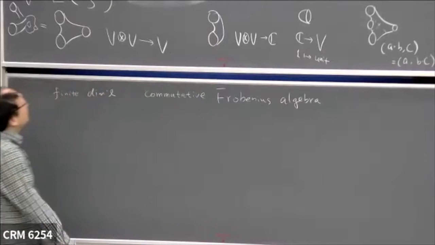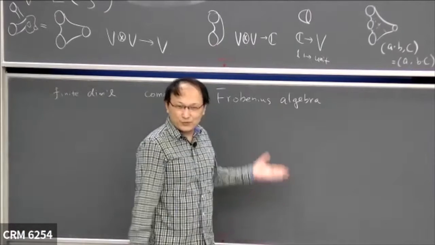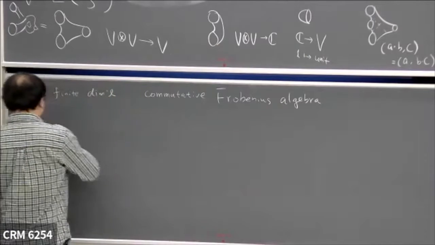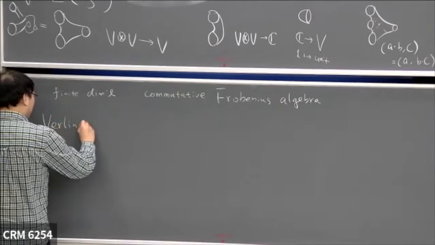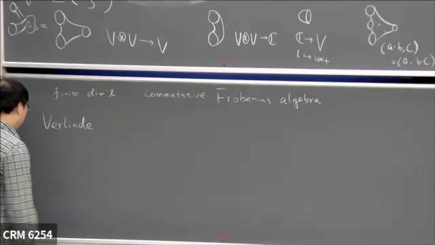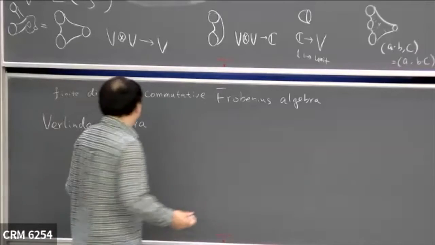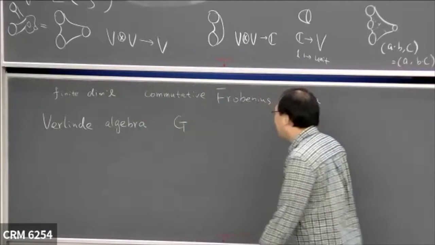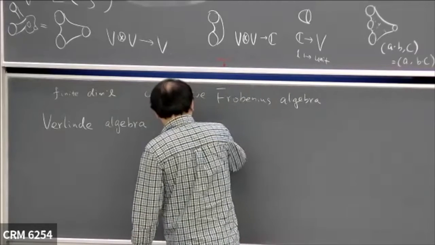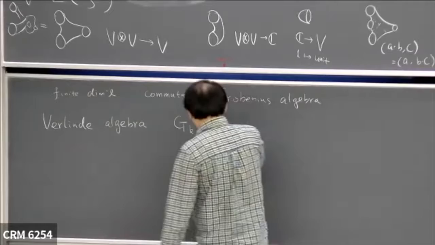The 2D TQFT, or the commutative Frobenius algebra, that we will use for this purpose is the familiar Verlinde algebra that many of you already know. To define a Verlinde algebra, I will take a compact Lie group G and an additional piece of data known as the level.